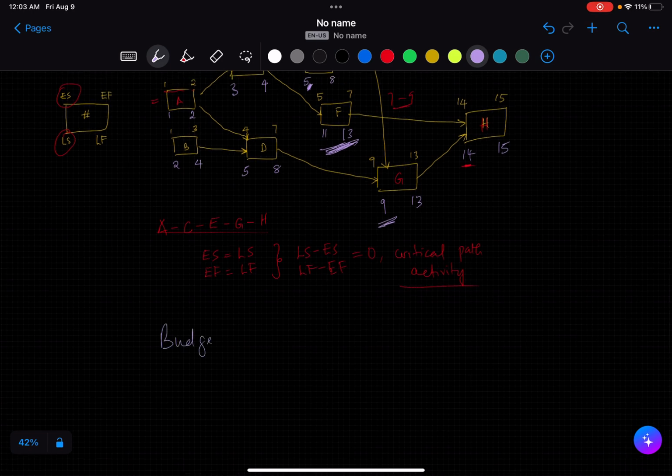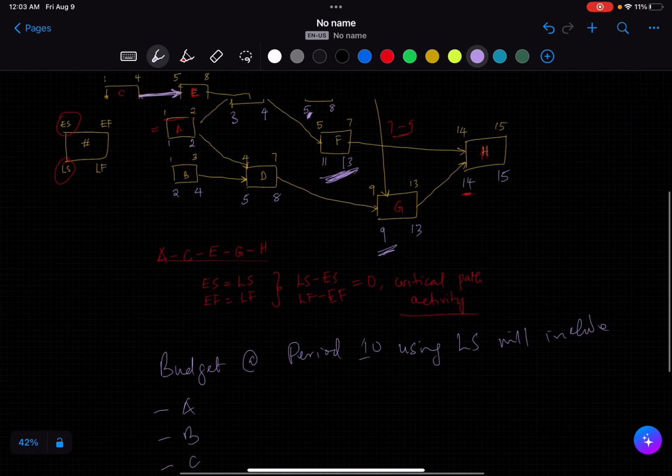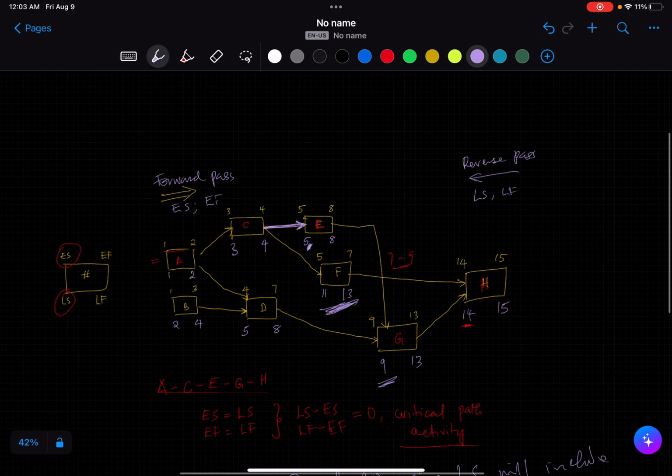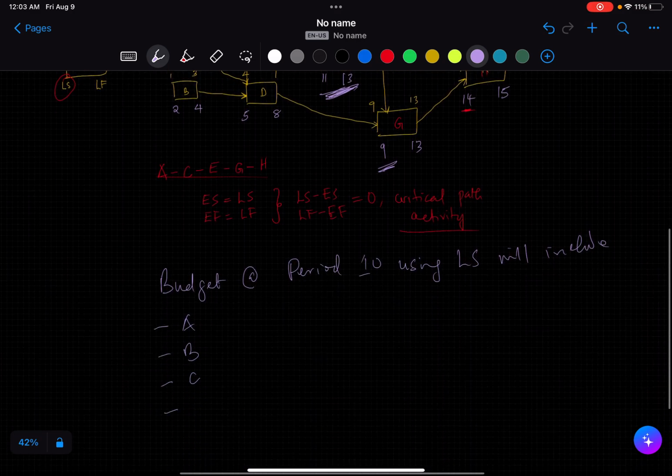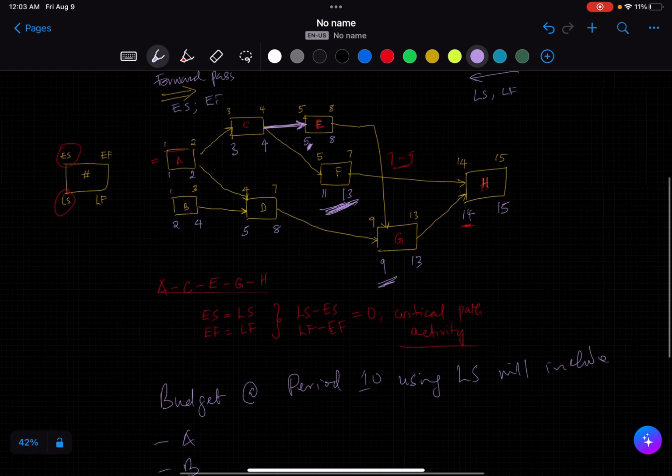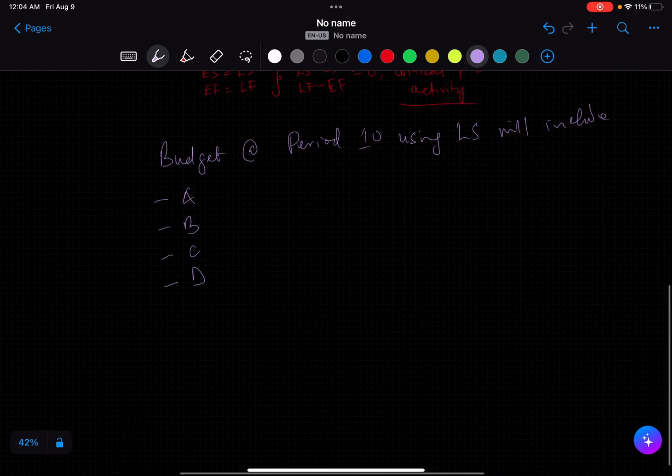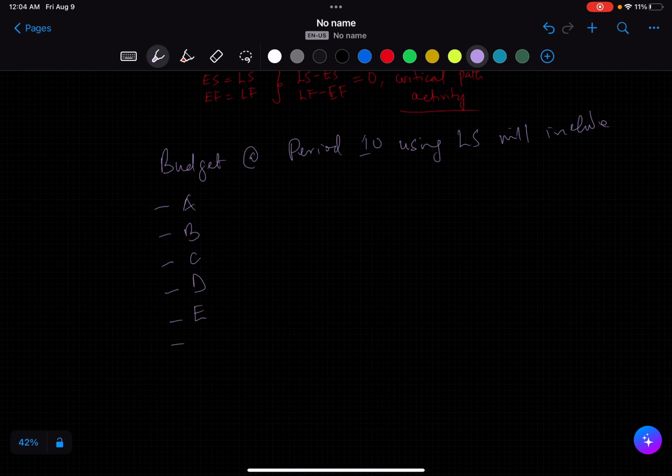So we're going to be looking at the budget at period 10 using late start, which will include activity A, B, C, D, E, and G. Now, how long will A take?